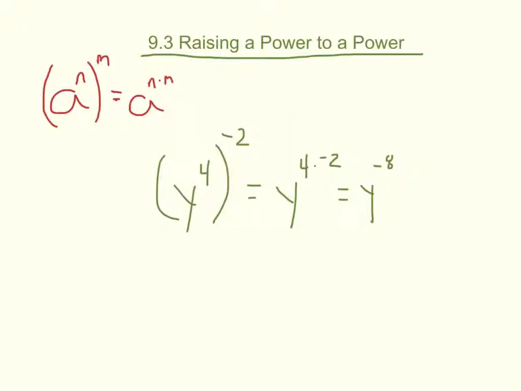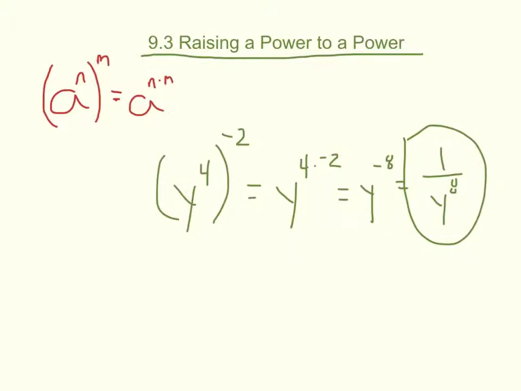Now, when this happens, students tend to want to stop here, but remember, we don't want to see negative exponents in our answer. So then I have to go back to my negative exponent rule, which says that if there's a negative exponent, the variable and the exponent go downstairs and the exponent goes positive. Final answer. Good. Better.